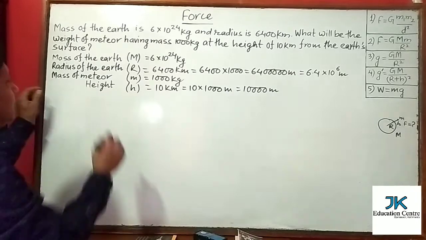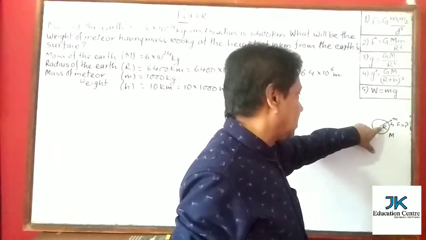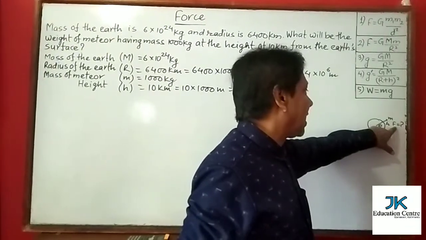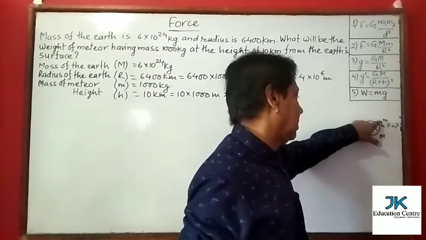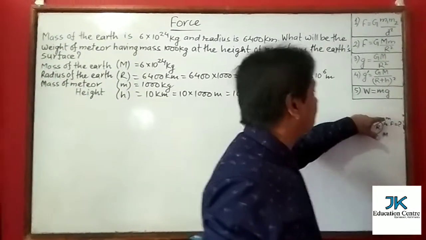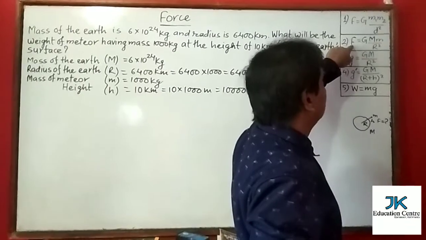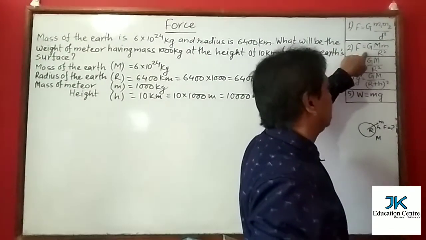Now I want to tell you that this equation requires the gravitational force of the earth acting on this meteor, and gravitational force is present in these two equations, and our situation is coinciding with this.